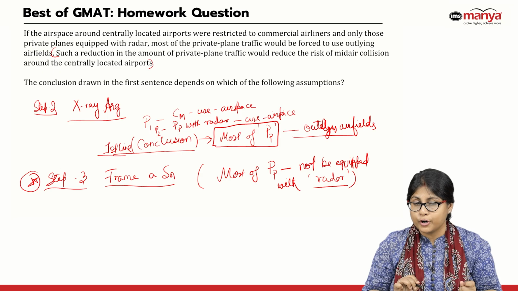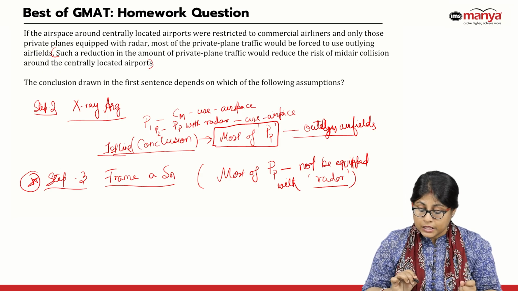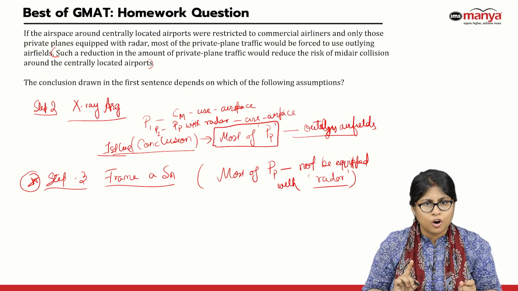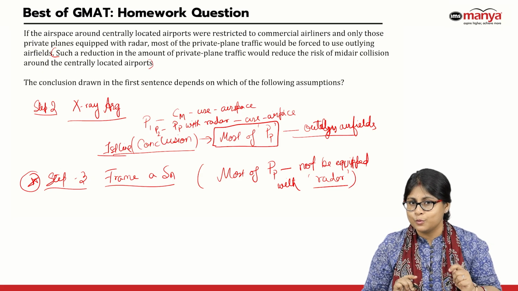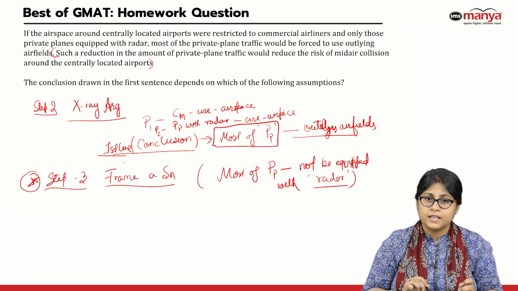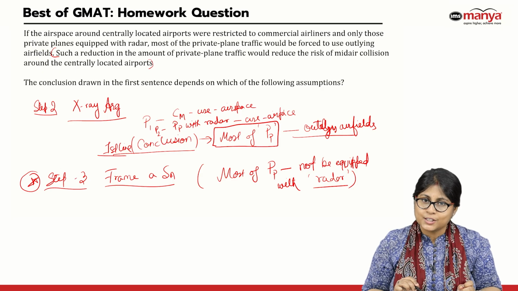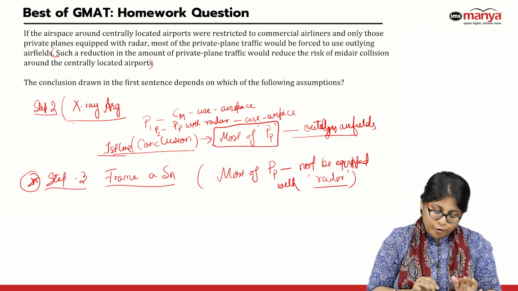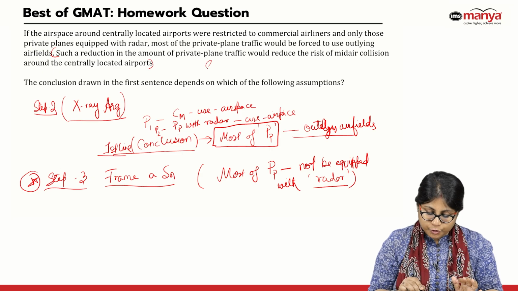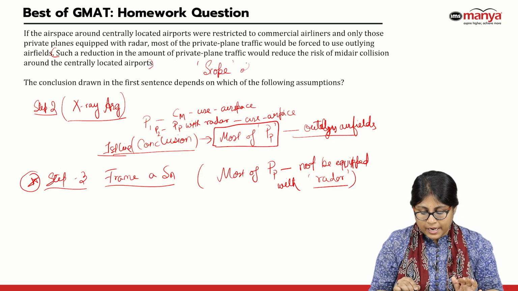So look for an option which resonates with this particular conclusion, not any other conclusion from the paragraph. That's something to keep in mind. And yes, it's a matter of practice, dear students, for you to understand the scope, or the story boundary, of any argument.